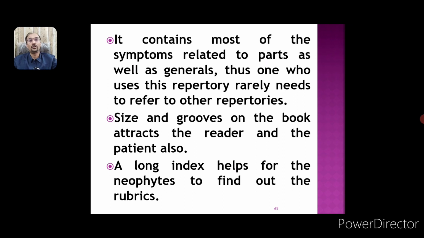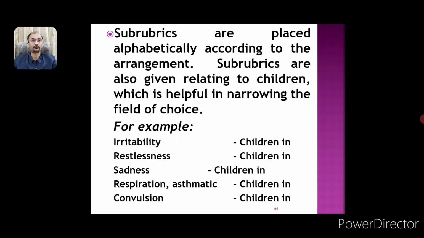Then all the conditions of the external nose are in the chapter of face. The nose chapter contains conditions or diseases of the internal nose, and if the external part of the nose is involved, any kind of eruptions, any kind of local pathology you want to find, you have to refer to the face chapter.